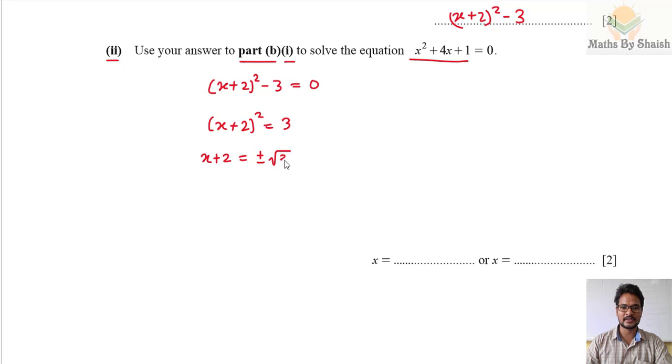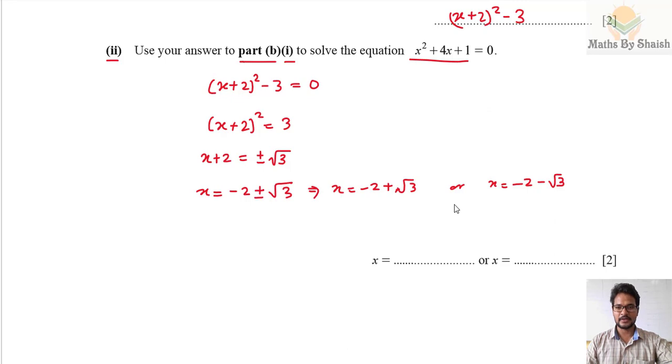The common mistake is that whenever we take the square root, we forget the plus minus, so we need to include it. Hence x equals minus 2 plus root 3, or x equals minus 2 minus root 3, and we'll calculate these values from the calculator.